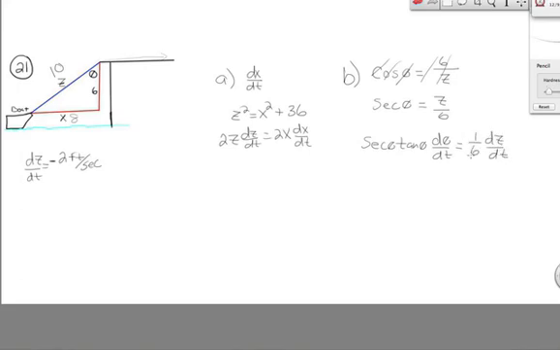So now I don't really need to know theta so much, but what I really need to know is what is secant of theta. So secant is going to be the reciprocal of cosine, which is going to be 10 over 6, times tangent of theta.